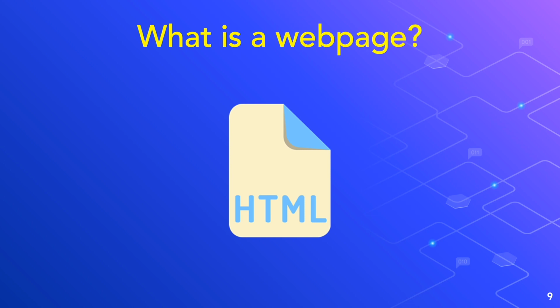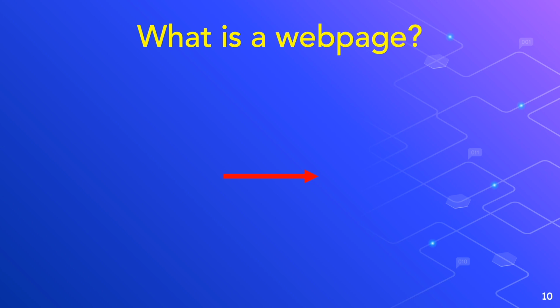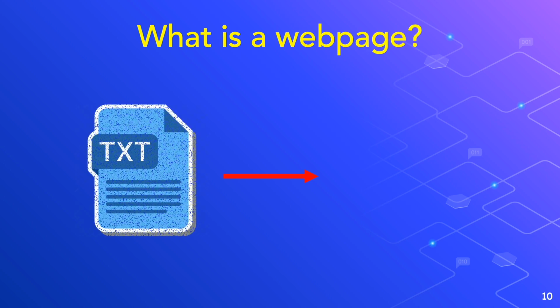Modern browsers, though, can open up other types of files. Behind the scenes, however, the thing that the browser is trying to open is really a text file that has had its extension changed from .txt to .html.